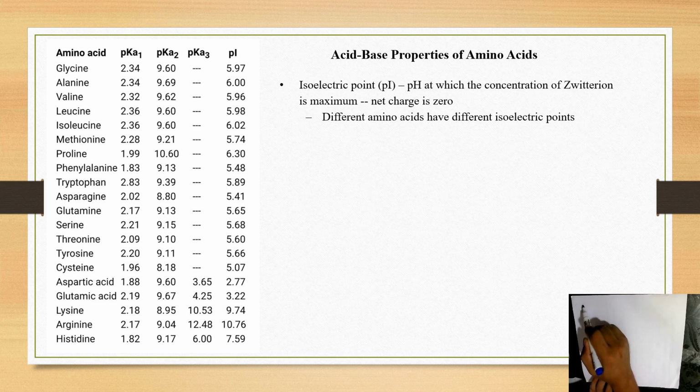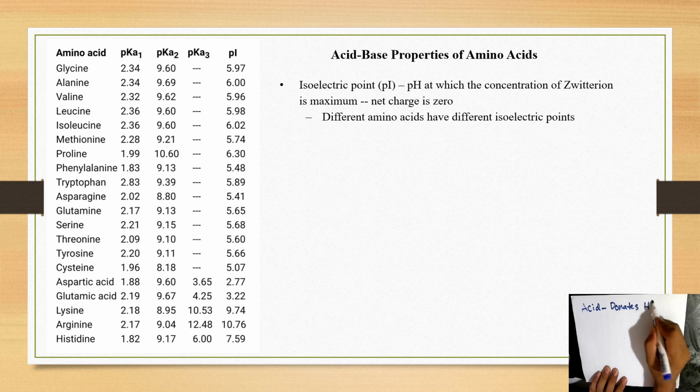An acid, according to Lowry and Bronsted, is a substance that donates a proton, or simply hydrogen ion, whereas a base is a substance that accepts hydrogen ion.